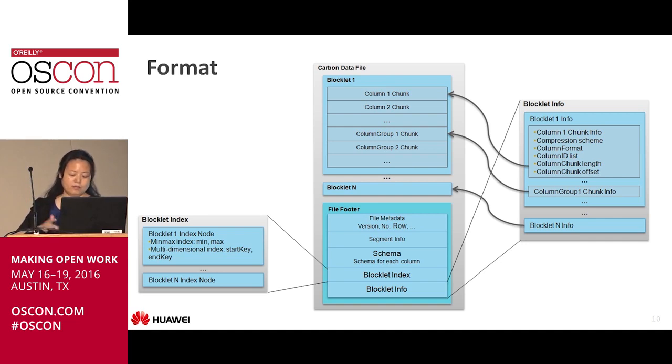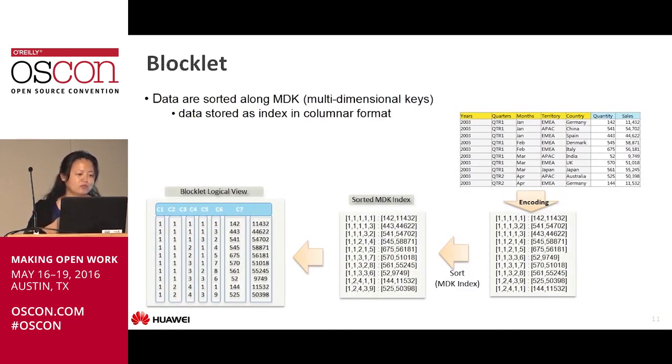So let's deep dive into a blocklet, and how data is laid out in a blocklet. Not as other column formats do, we are not simply storing data in a column format row by row. We are actually sorting the data along the MDK index.